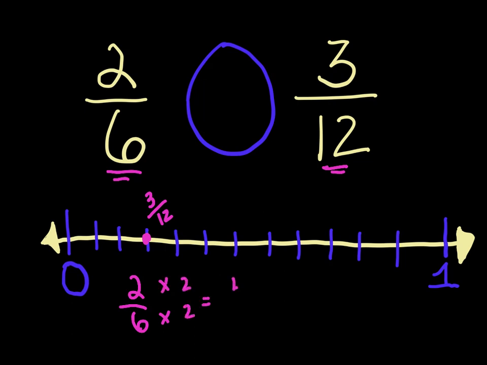And now I get 4/12. Where is 4/12 on this number line? A little bit after 3/12. So 2/6 is bigger than 3/12. Not by much, very close again, but it is bigger than 3/12.